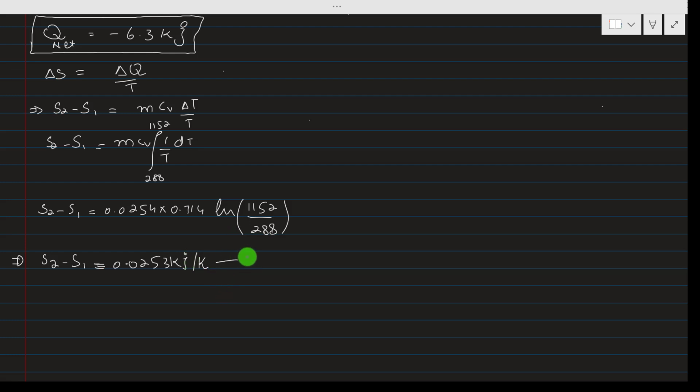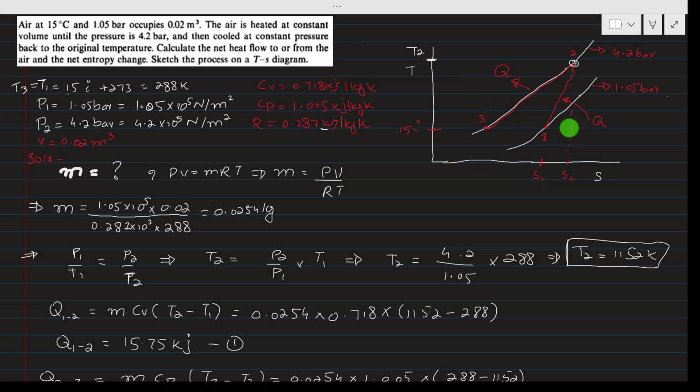Here is equation 3. Now we are going to find the entropy change from process 2 to 3. Remember, process 2 to 3 takes place at a constant pressure line, so we use the value of Cp instead of Cv. And it's a cooling process, so we will see its corresponding entropy change as well.